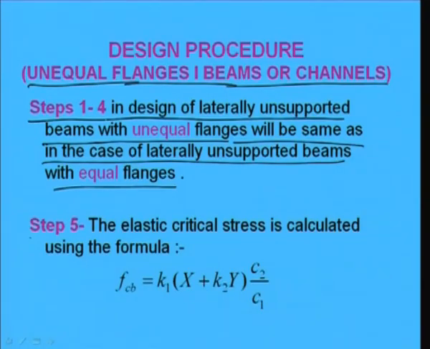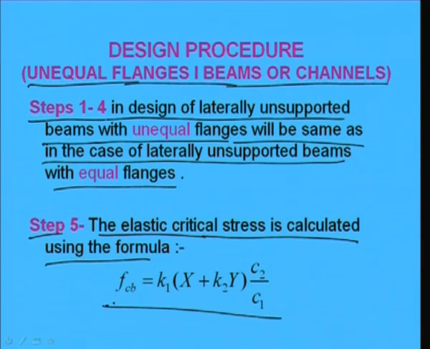What is step 5? In step 5, we will find out the elastic critical stress using this formula, that is fcb is equal to k1 into x plus k2 into y into c2 by c1. Right.